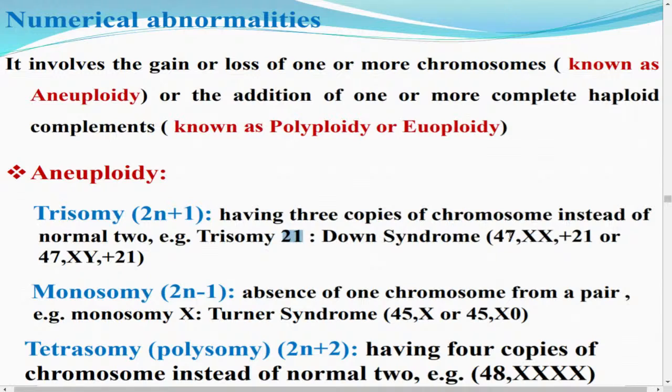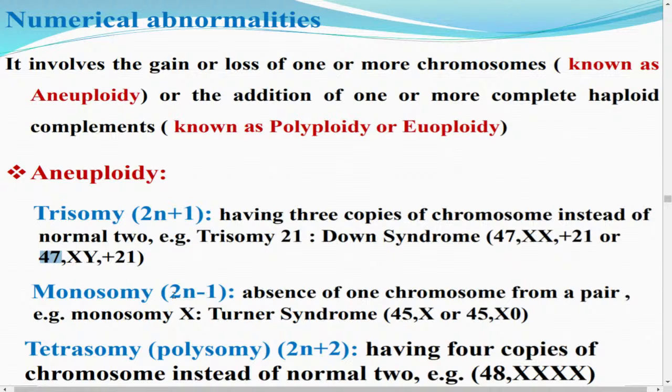In Down syndrome we have 47,XX,+21 or 47,XY,+21. Having 3 copies of a chromosome instead of the normal 2.